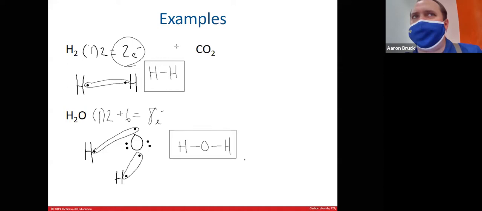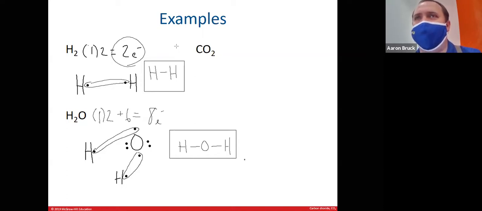Now let's check it. I'm supposed to have 8 electrons. How many electrons are showing in that structure as drawn? Okay, Rachel and David have both said 4.